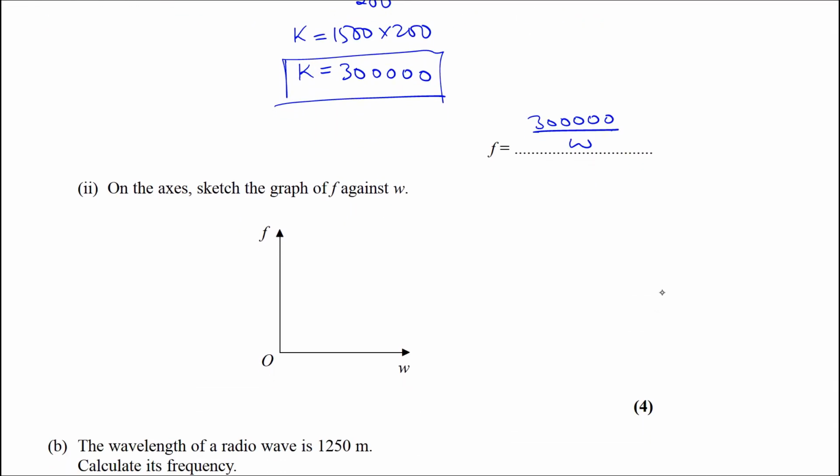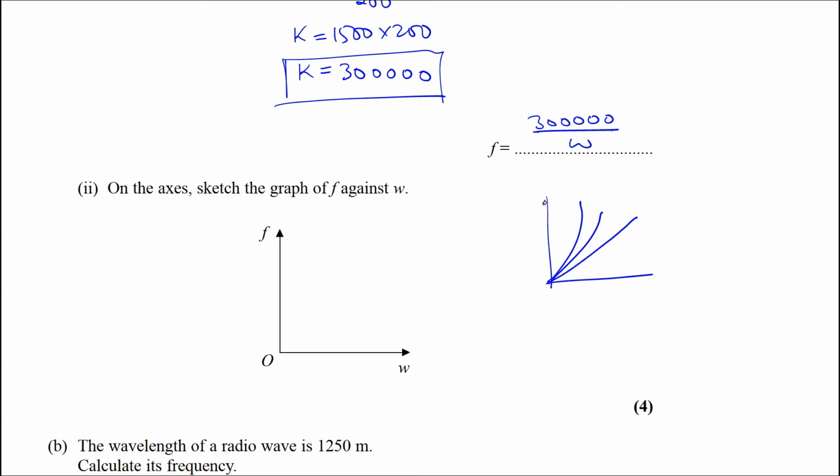Now, on the axis, sketch the graph of F against W. There's something I want to talk about here. What's the difference between the graphs of direct proportion and inverse proportion? For direct proportion, the graphs look like this.